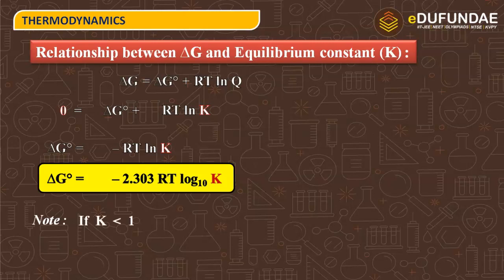Note that if K is less than 1, that means the log is negative, so in that case delta G naught will be greater than 0, that is, delta G naught will be positive. And if K is greater than 1, then delta G naught will be less than 0, which means delta G naught will be negative.